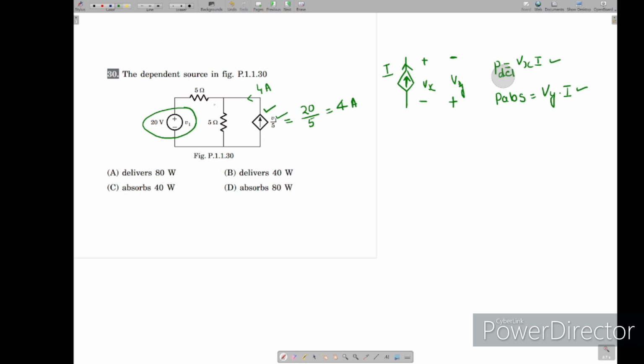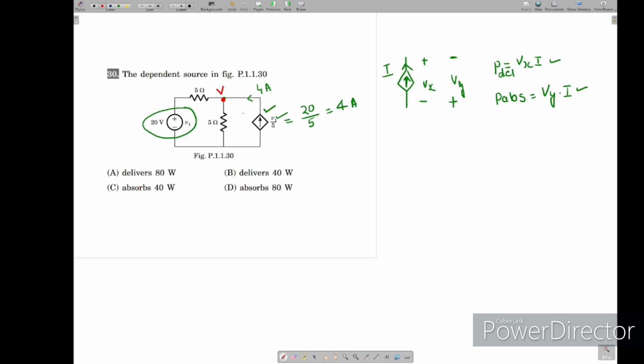Now this 4 amps is going, 4 amps is coming here, this 20 volts. We should know the current or voltage in this 5 ohm. So I can use nodal analysis. I will apply it here. Whenever you don't know any current or voltage in a particular branch or network, you simply use nodal analysis, which is very easy.